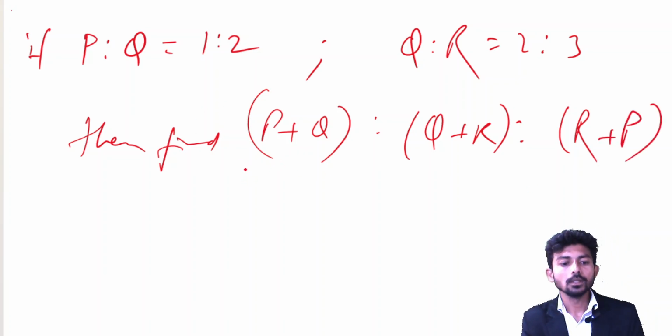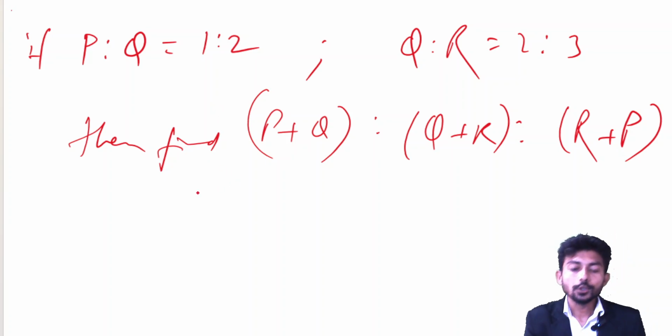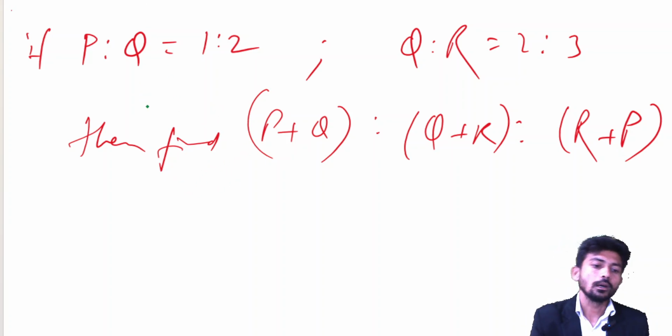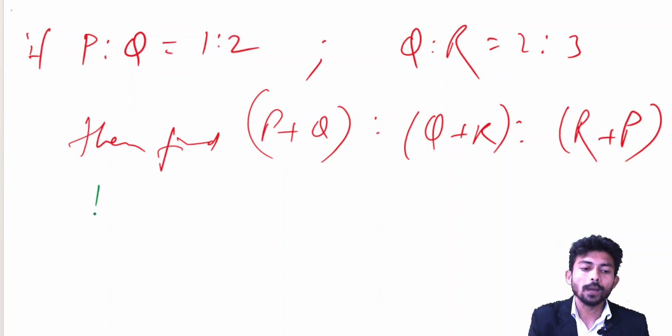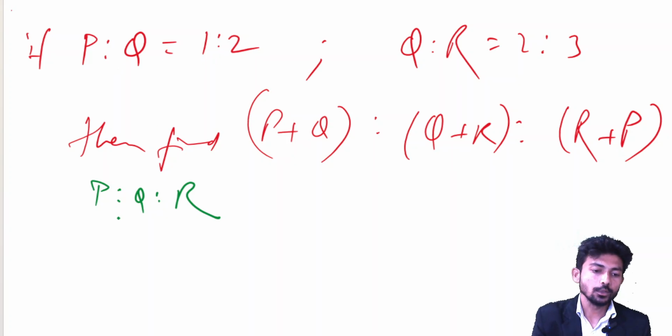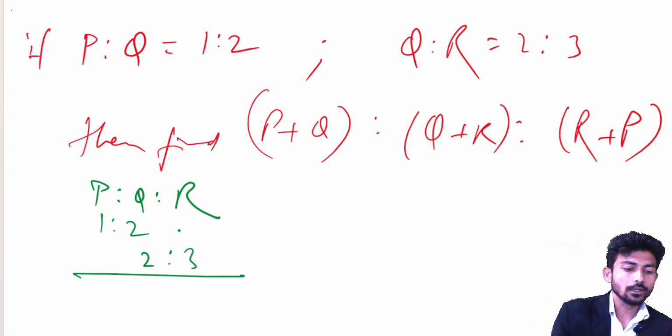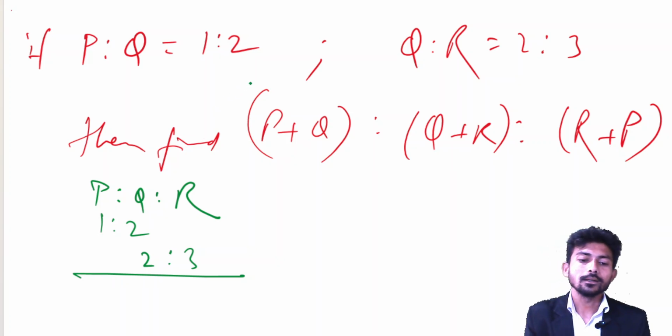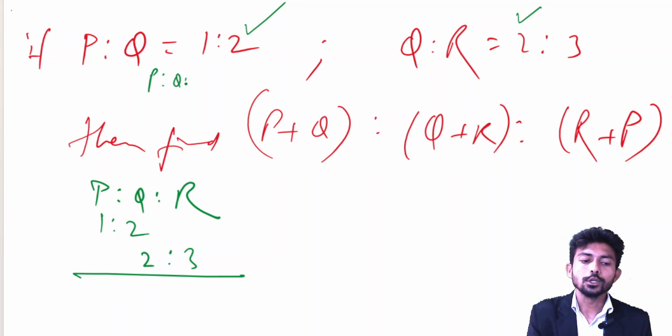Okay. So in order to solve this problem, we first need to find out the combined ratio of PQR. So for P and Q it is 1:2, for Q and R it is 2:3. While we can do it here, we know that Q is already same here, so I can take PQR directly as 1:2:3.